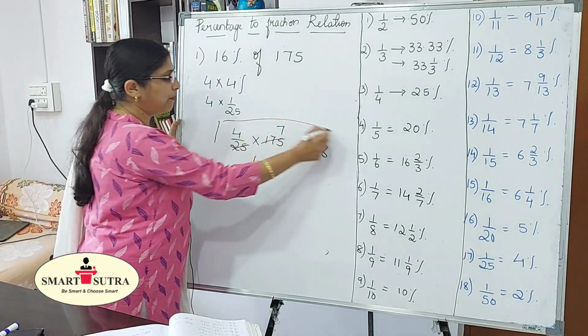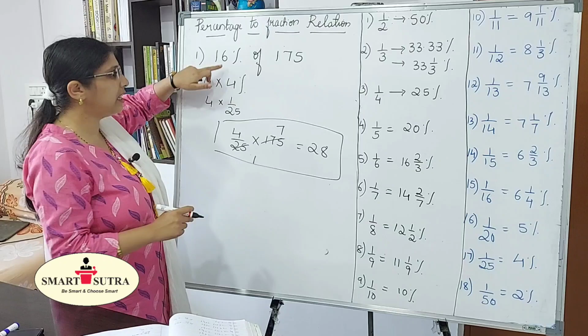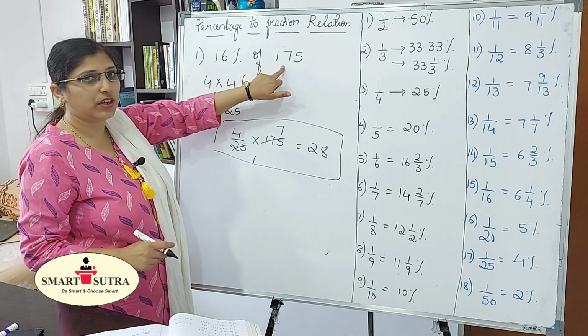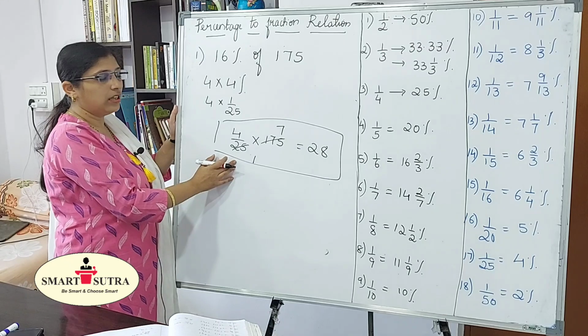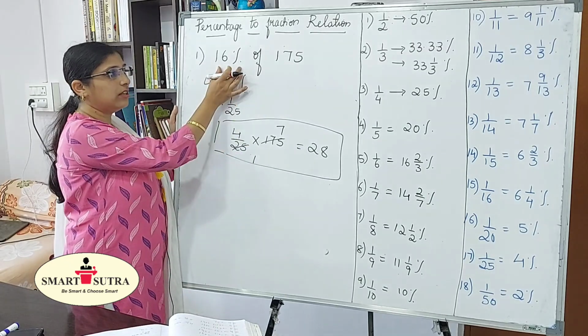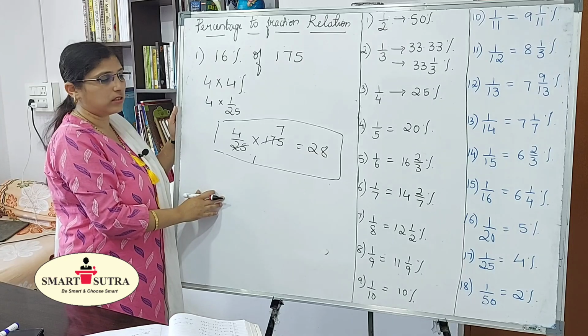So within one simple step we got the answer. Instead of doing 16 by 100 into 175, if we know this fraction relation, directly we can substitute the fraction in place of percentage, and we can find out the answer.